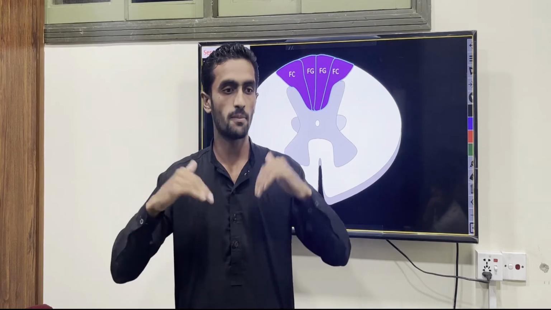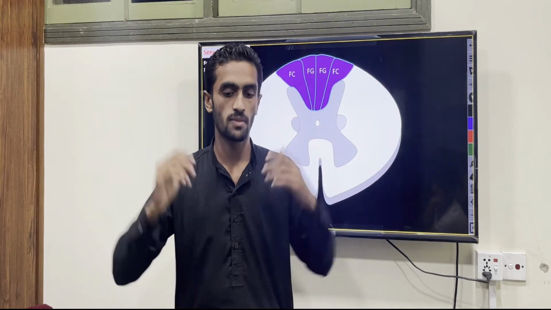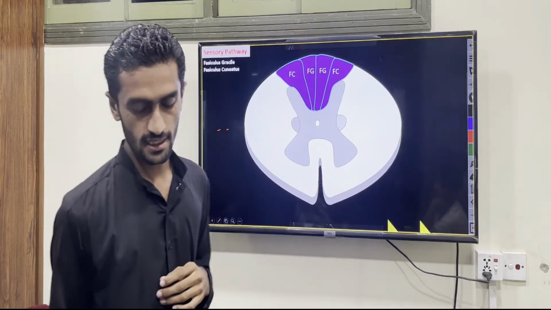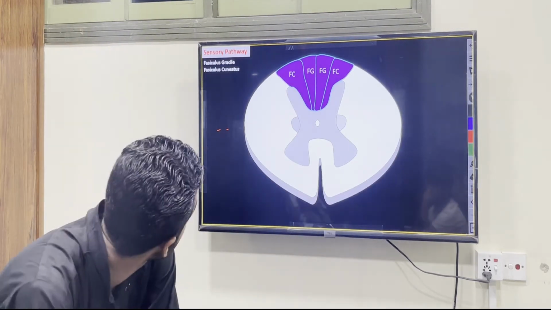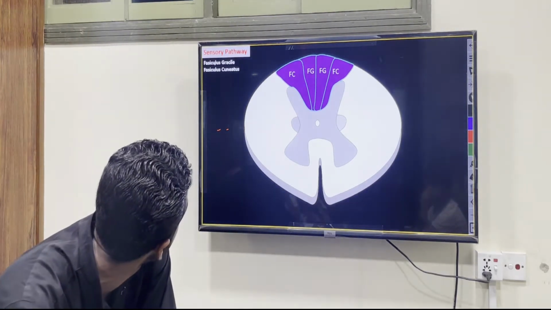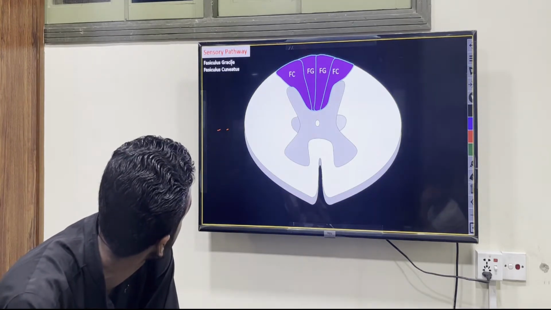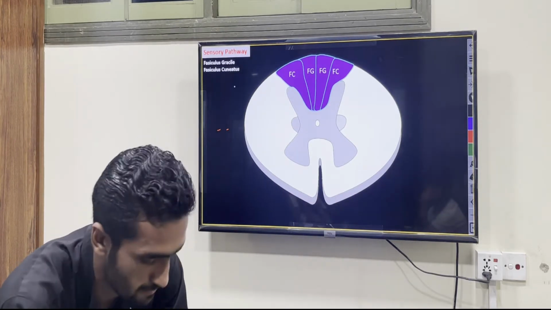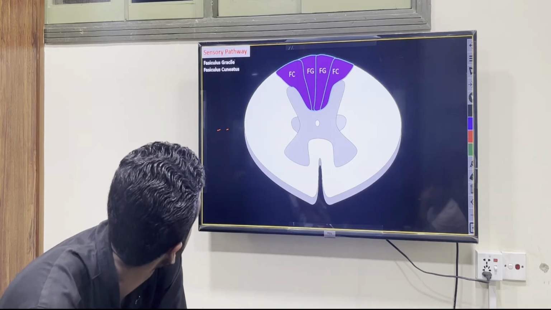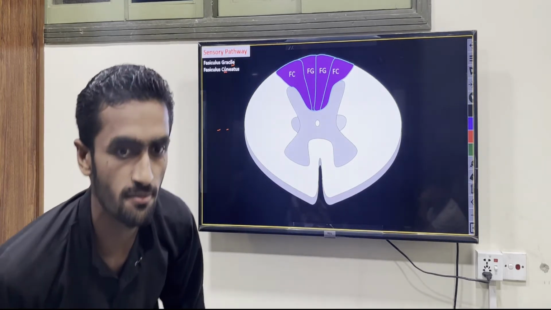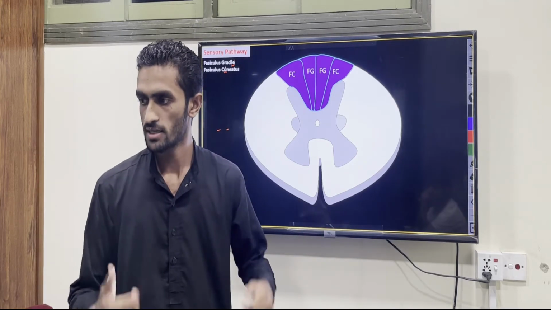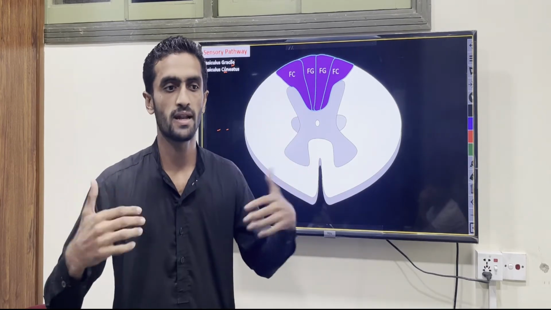In simple terms, above T6 is the upper limb, below T6 is the lower limb. For an easier trick, use the L of gracile for lower limb, and the U of cuneatus represents upper limb.